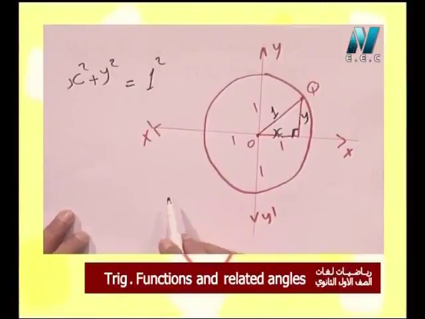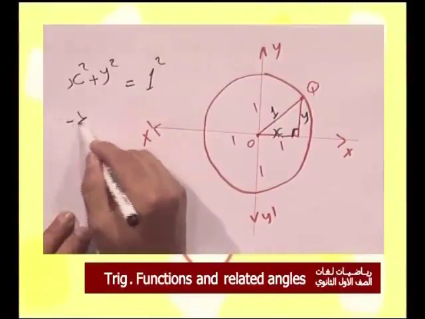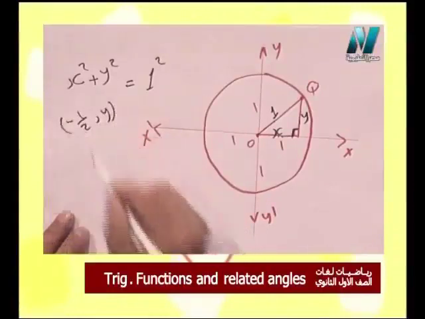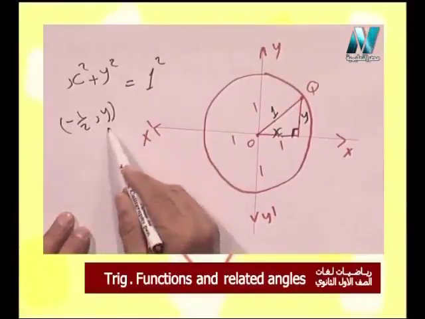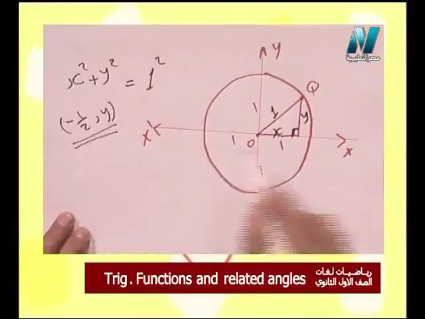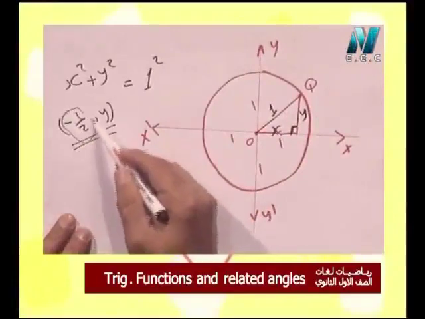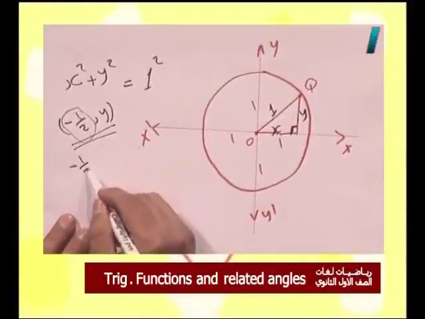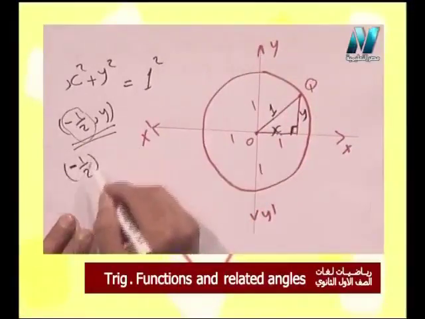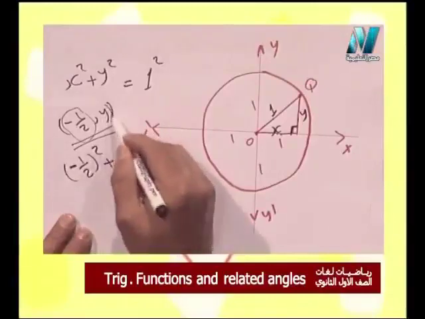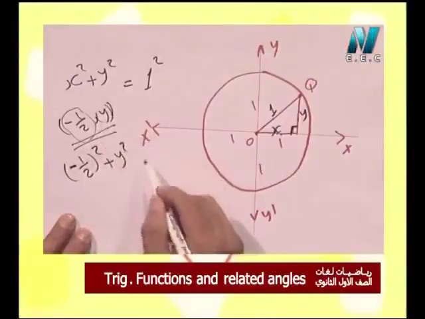So let's apply that to find y in the point negative half and y, which is a point on the unit circle. So x, negative half squared, plus y squared equals 1.